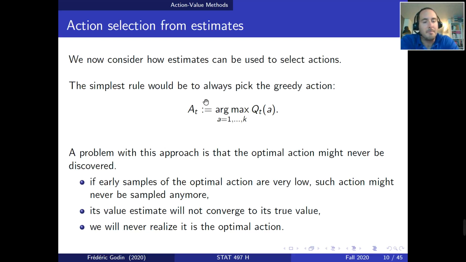Maybe your current estimates of the expected value of all other levers will be higher than this one. You'll never sample again from lever 1, and therefore you'll never know that it is the optimal one. Because you don't sample again from that lever, its estimate might remain low for the rest of time. It will not converge to its true value, and you will never realize this is the optimal action.